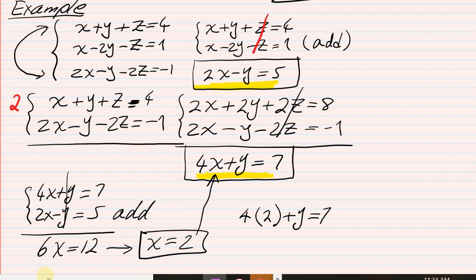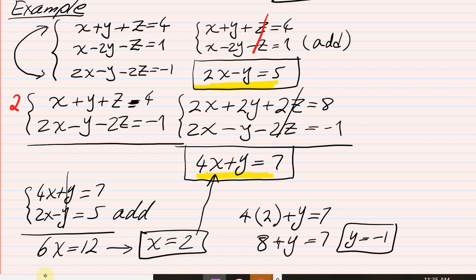So in fact, that's how we verify if a proposed solution is a working solution in a system. You just plug them in for the variables, see if they work. So let's finish this off. And 4 times 2 is 8, 8 + y = 7, subtract 8, you get y = -1. And there you have it.